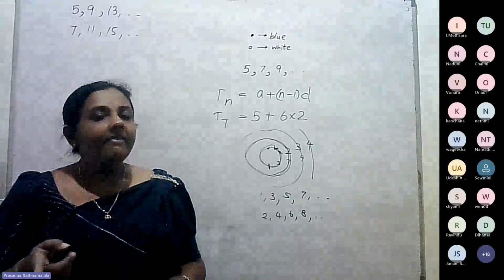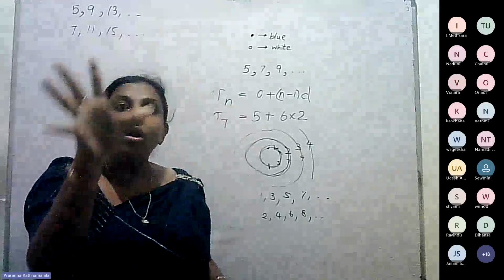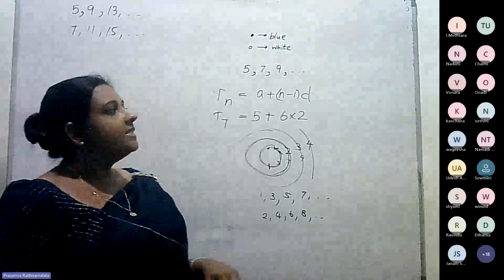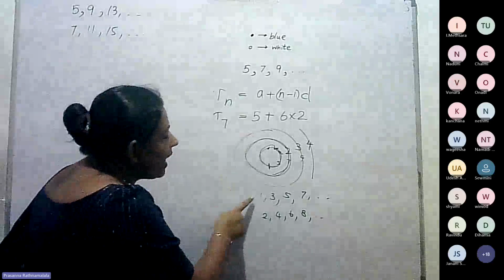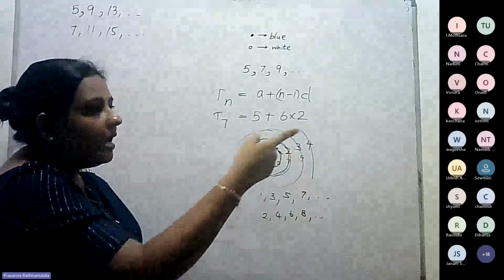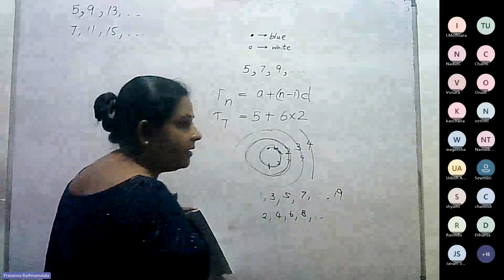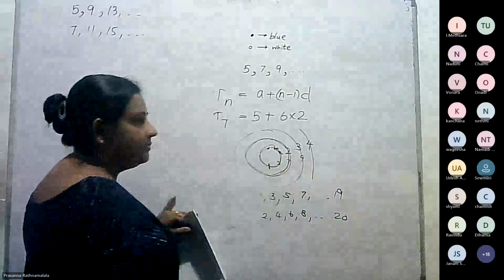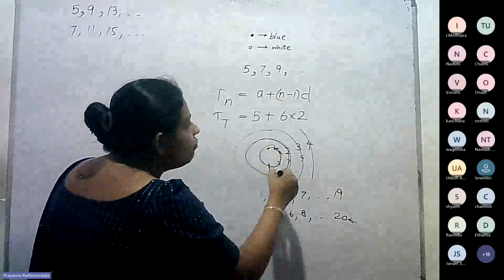You know that there are 20 circles in this whole display. You can divide them: 1, 3, 5, 7. What is the last term that we have found? That is 19, and here that is 20, the last circle in the color white.